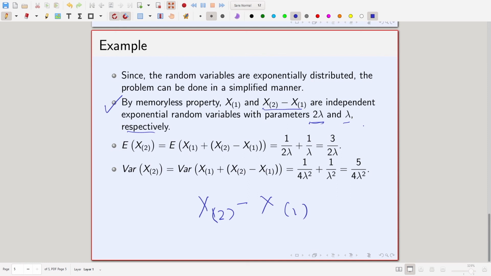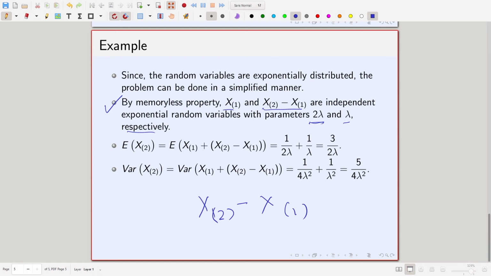If you think of X(1) as the service time of the first customer to leave, and X(2) minus X(1) as the remaining service time of the customer who is still in service when the first customer leaves, this again is exponential with the original parameter, and also these are independent.